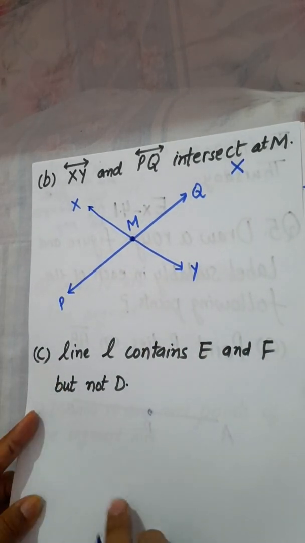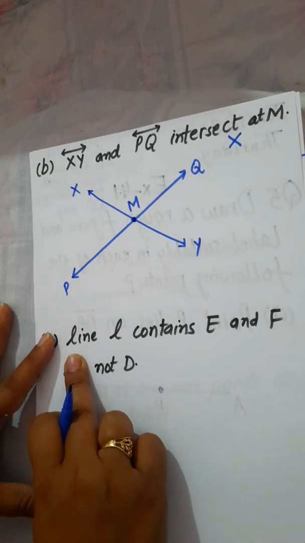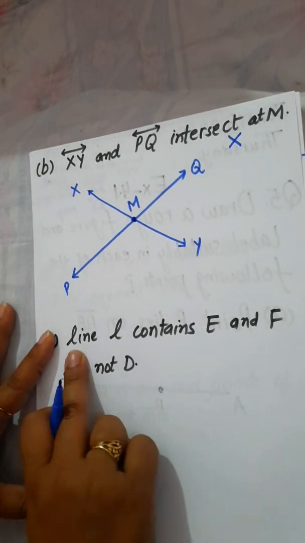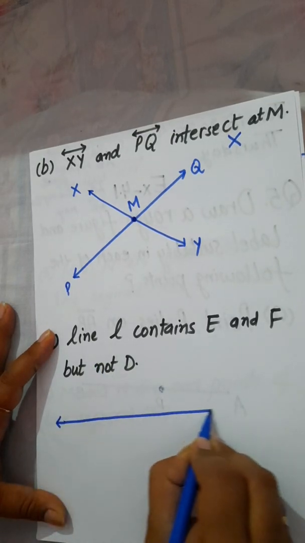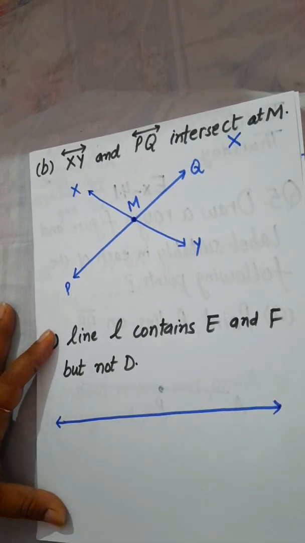Next we have C part. You have to draw a rough figure of line L. Line L means it has two arrowheads in the opposite direction.